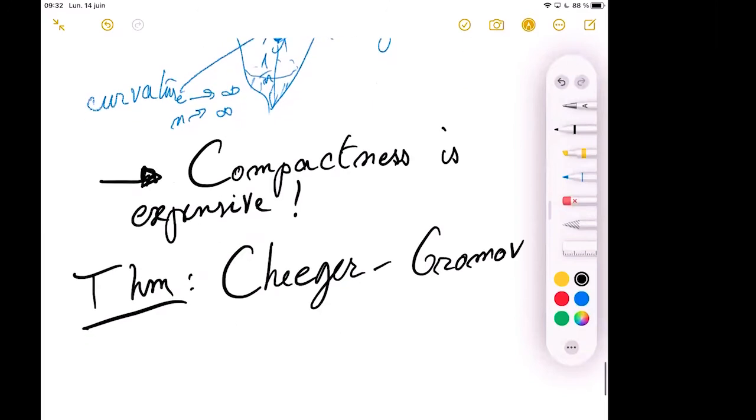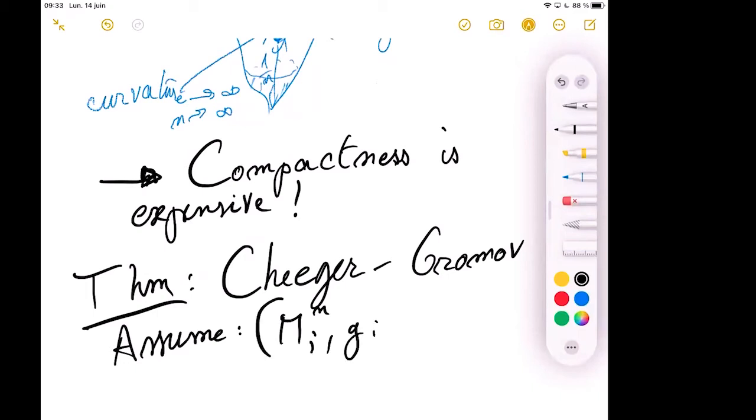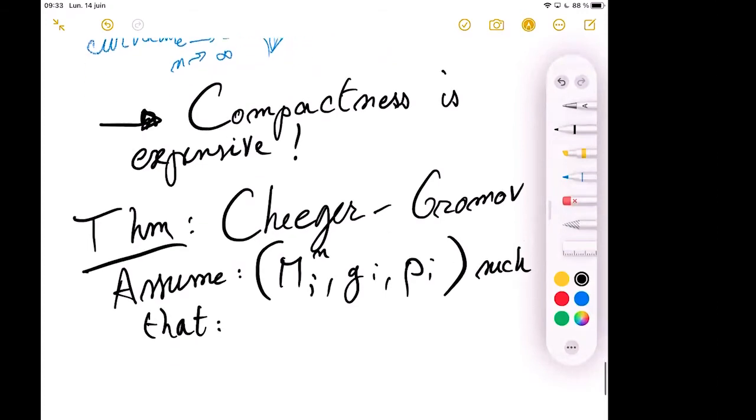So I will do it in the non-compact case, because it's maybe the most useful one. Assume I have a sequence of manifolds with the same dimension, such that the sectional curvature of g_i is bounded independently of i.